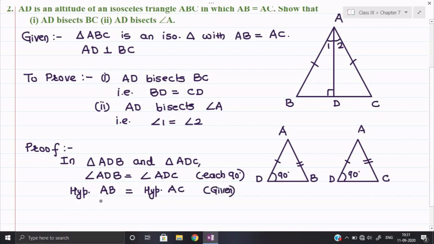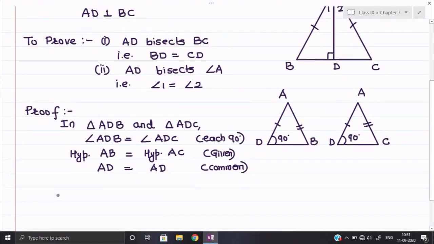And the third thing you need to mention here is AD is equal to AD, that is common. Okay, now we can say therefore by RHS rule, or we can say congruency theorem.